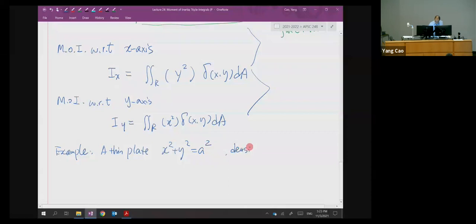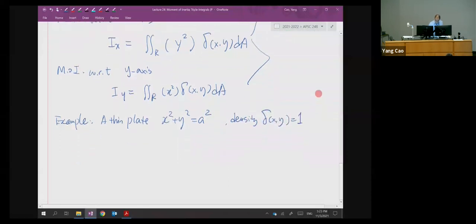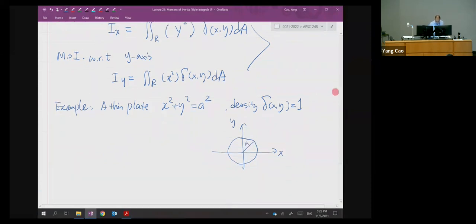And the density is 1. Okay. It's a very simple region. That's basically a circle centered around the origin with radius of a. And density is 1. Okay. So let's calculate what would be this I naught. Okay. So I naught essentially represents the moment inertia about the z-axis.